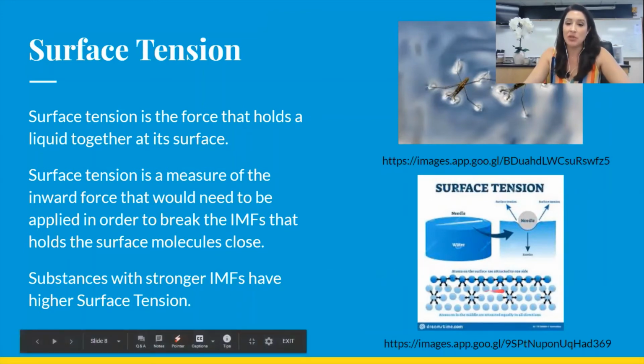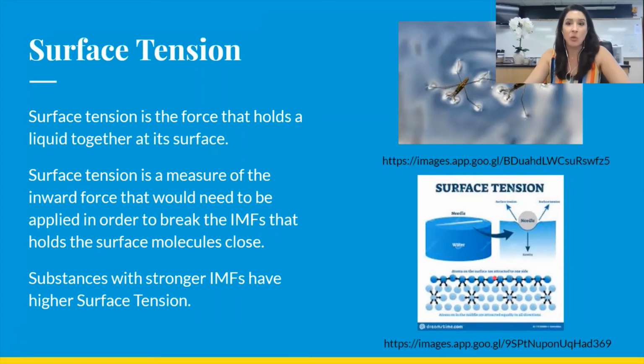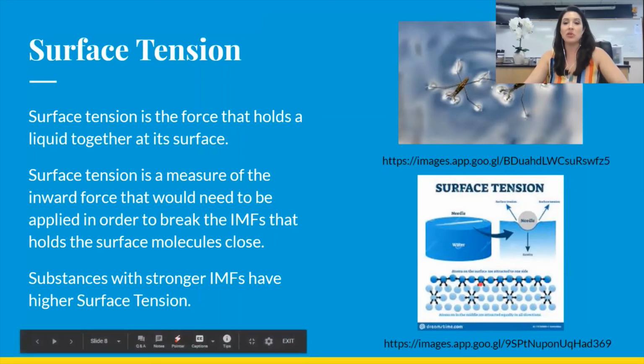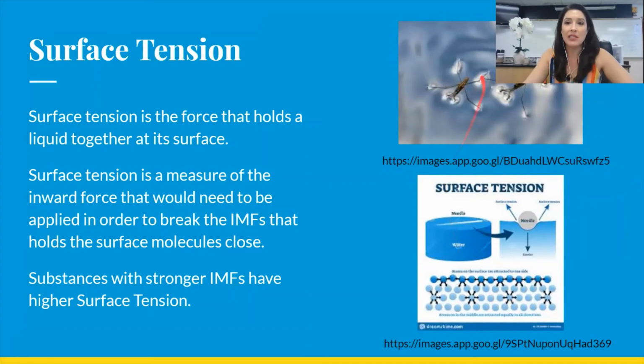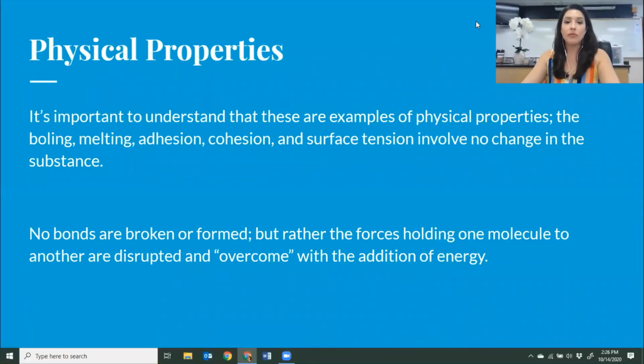Pretend each of those balls is a water molecule, and those water molecules are attracted to one another very strongly because of the H bonds that occur in water. And so things are able to settle on the top of it, like these little water bugs here. They don't have enough weight to apply enough force down in order to break the surface tension. So this is the fifth physical property that is affected by stronger intermolecular forces.